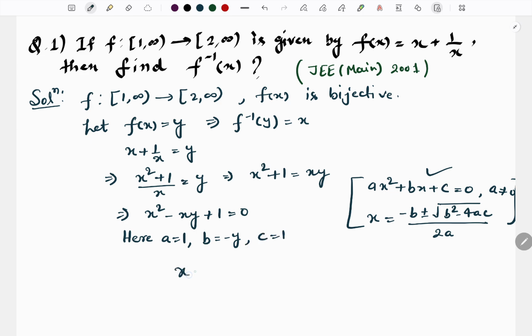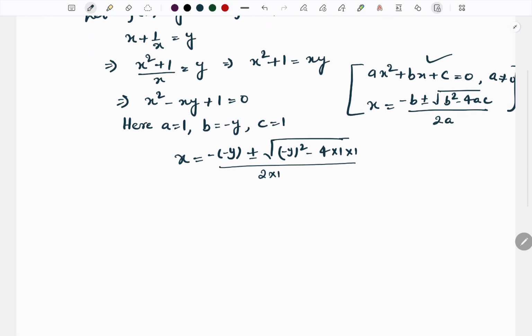So if you are going to find x, in the place of b put -y, so -(-y) ± √((-y)² - 4ac), where a is 1 and c is 1, divided by 2 times 1.